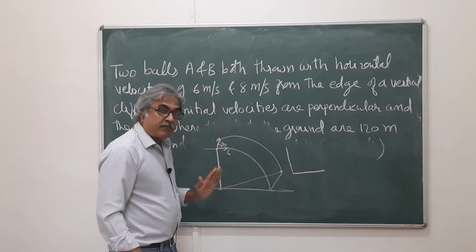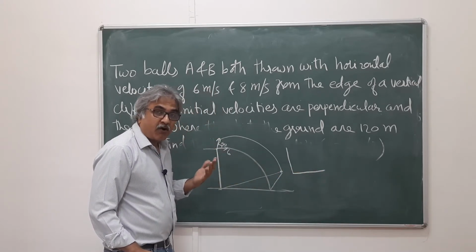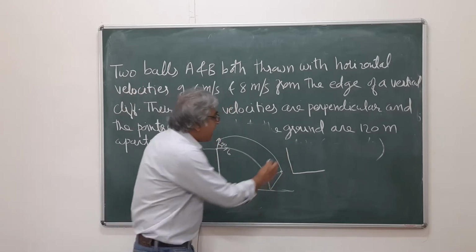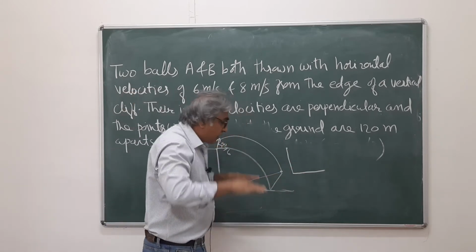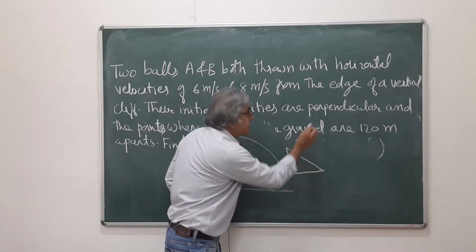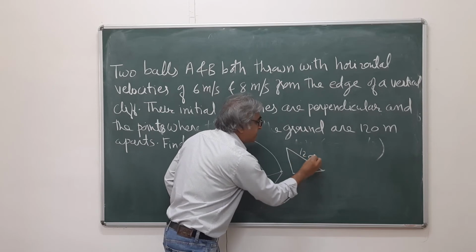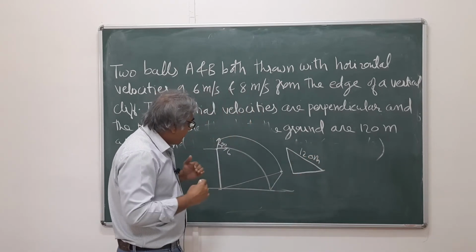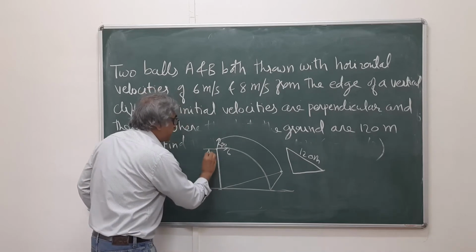The distance traveled by the ball which has horizontal velocity of 8 meters per second is this. When they reach the ground, we are looking from the top, and this distance is given as 120 meters. And we are asked to find out this h.